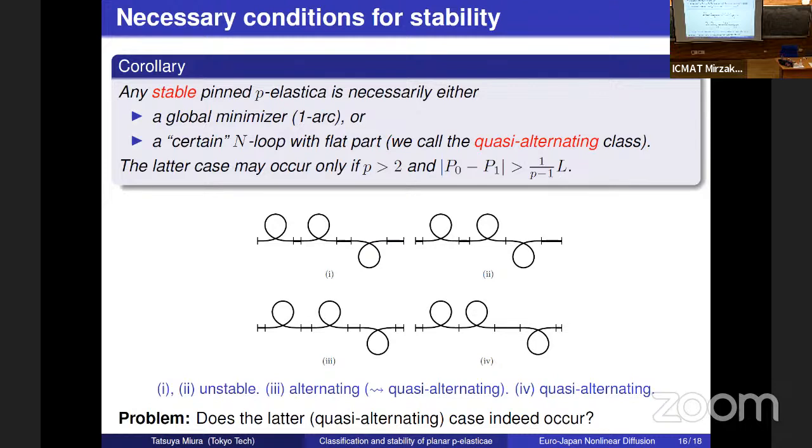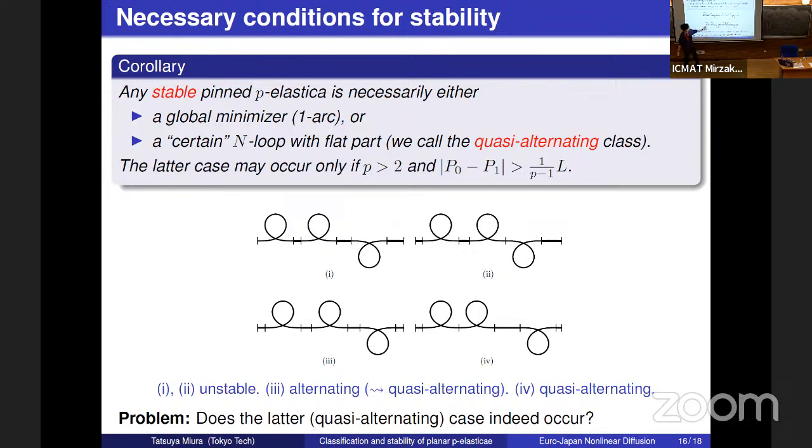So now, at this moment, we can say that any stable pinned p-elastica is necessarily either a global minimizer or a kind of n-loop with flat path. For example, this one is unstable due to these opposite loops, but we still have possibilities.